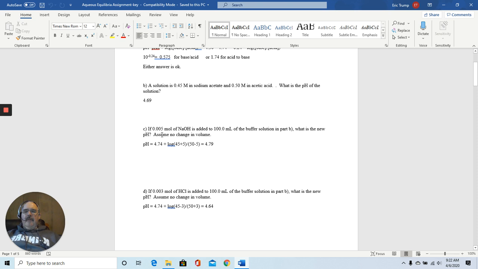And then if we convert 0.005 moles to millimoles, as we add sodium hydroxide, that's going to increase the millimoles of base and decrease the millimoles of acid by the same amount.